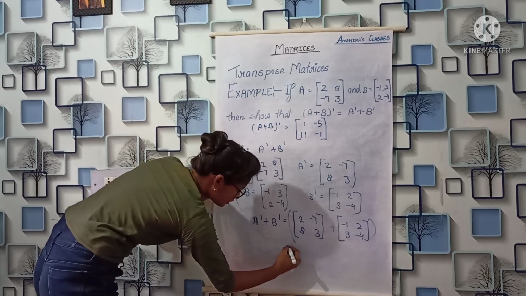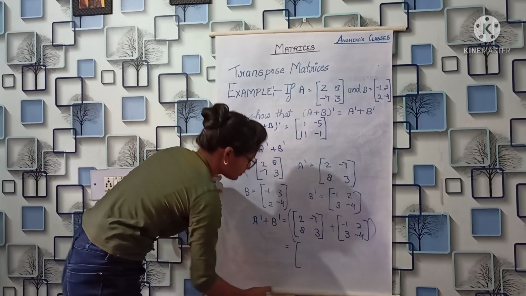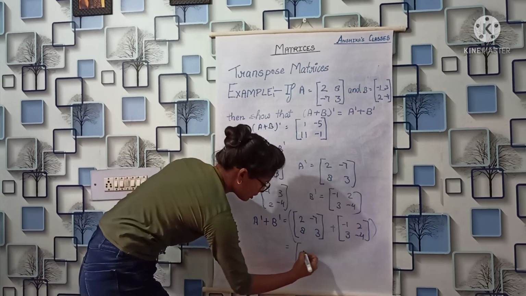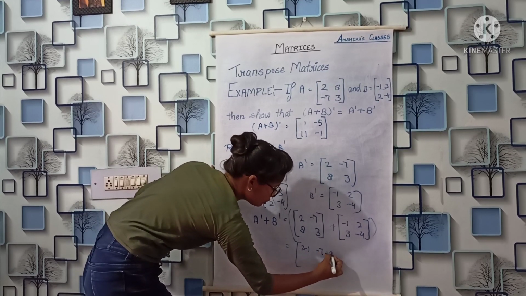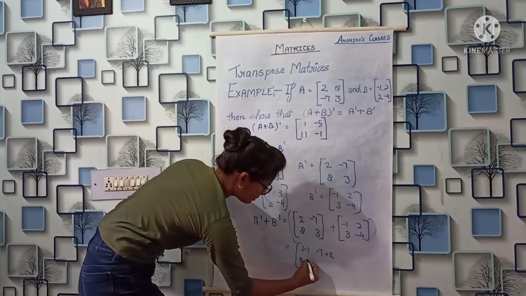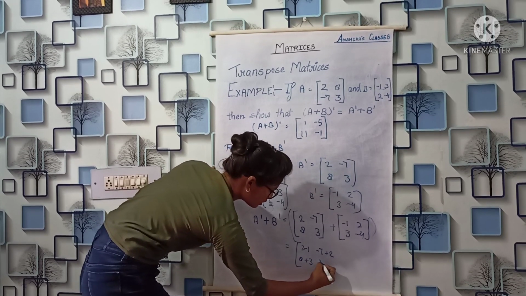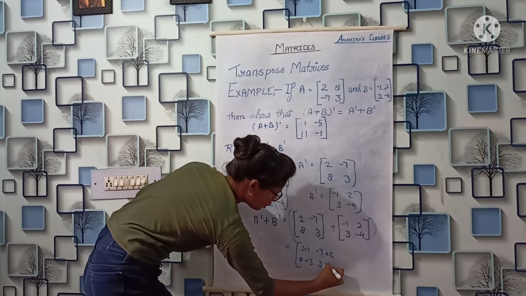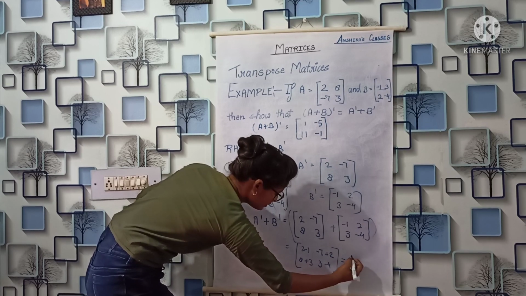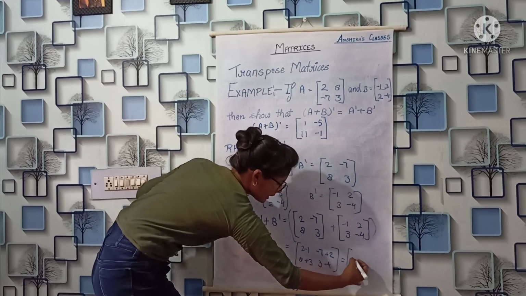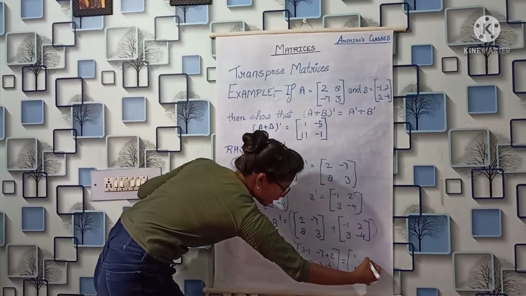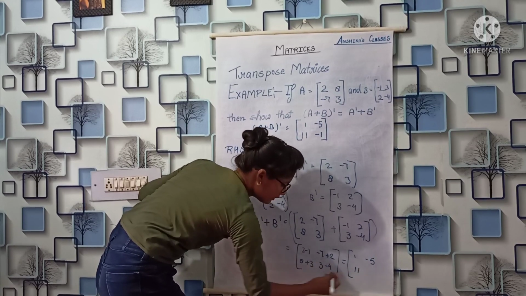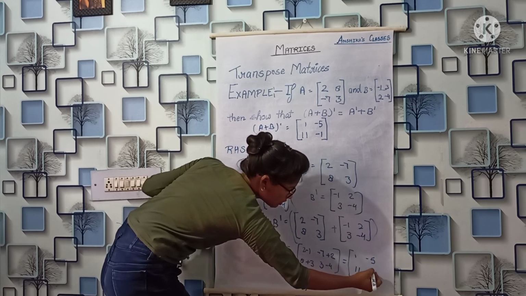Then solve. 2 minus 1, minus 7 plus 2, 8 plus 3, 3 minus 4, then 2 minus 1 is 1, 8 plus 3 is 11, minus 7 plus 2 is minus 5, 3 minus 4 is minus 1.